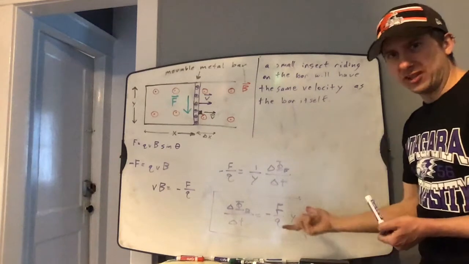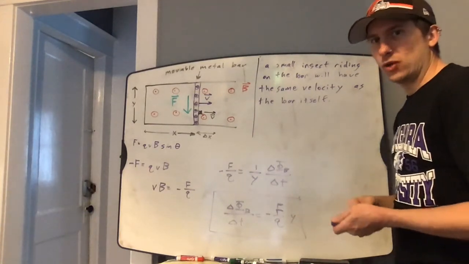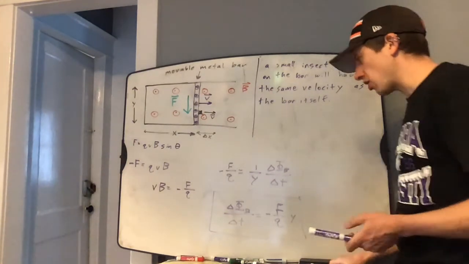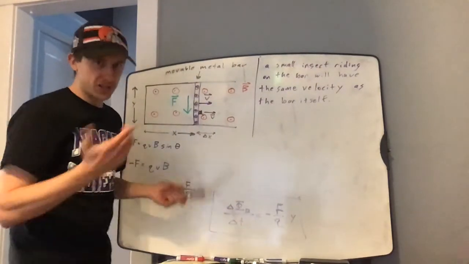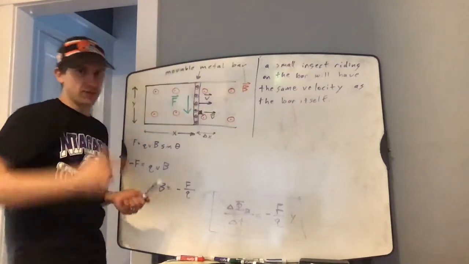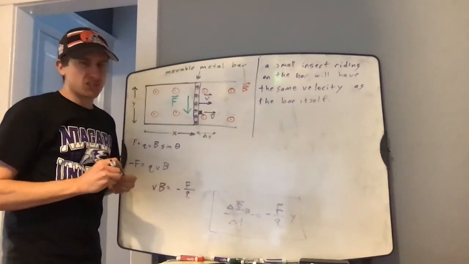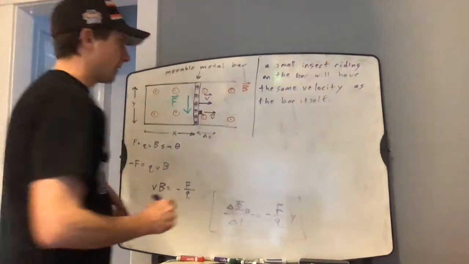And importantly, from the insect's perspective, the insect will not see the charges moving to the left or to the right. There are charges in this bar that are free to move, the electrons, or the positive charges we're considering here instead of electrons. But from the insect's perspective, these charges are not moving.